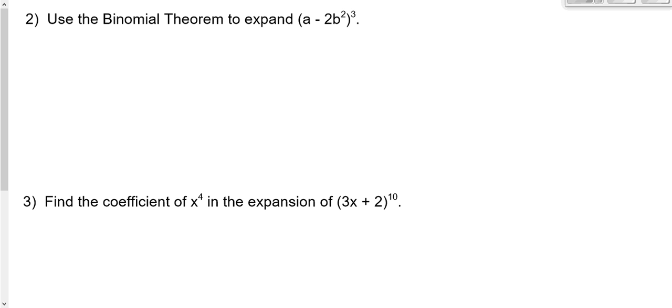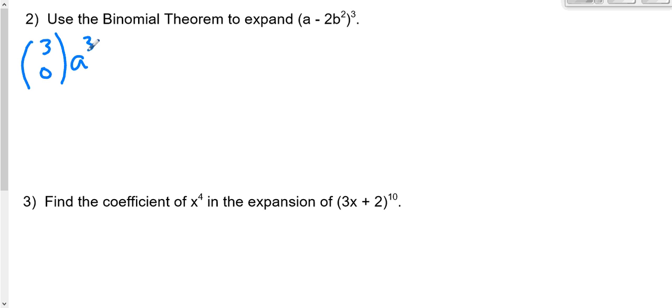Use the binomial theorem to expand a minus 2b squared to the 3rd power. Okay, so the coefficients are going to be the combinations from row 3, or 3 choose 0, 3 choose 1, 3 choose 2, etc. Row 3 of Pascal's triangle numbers. And so if we write it out using the binomial theorem, we have 3 choose 0 times a to the 3rd.